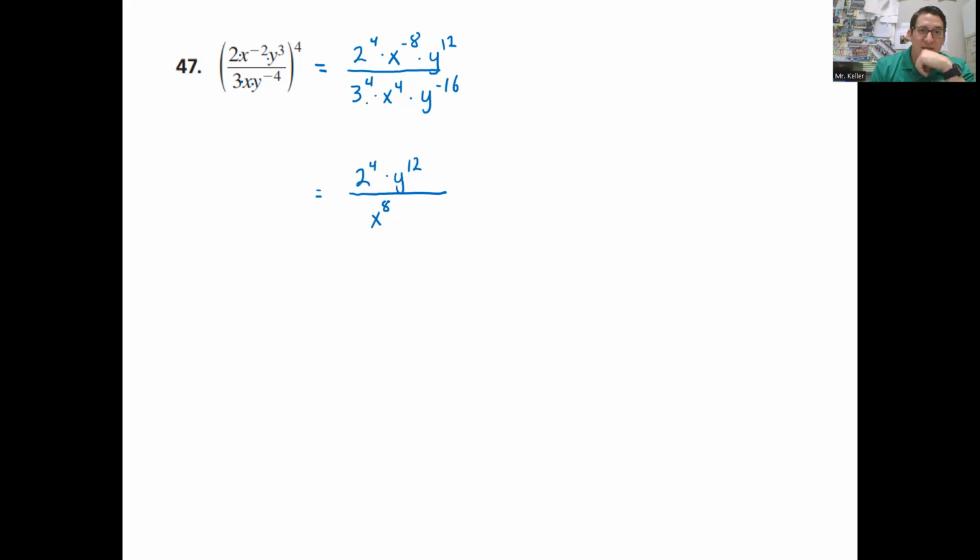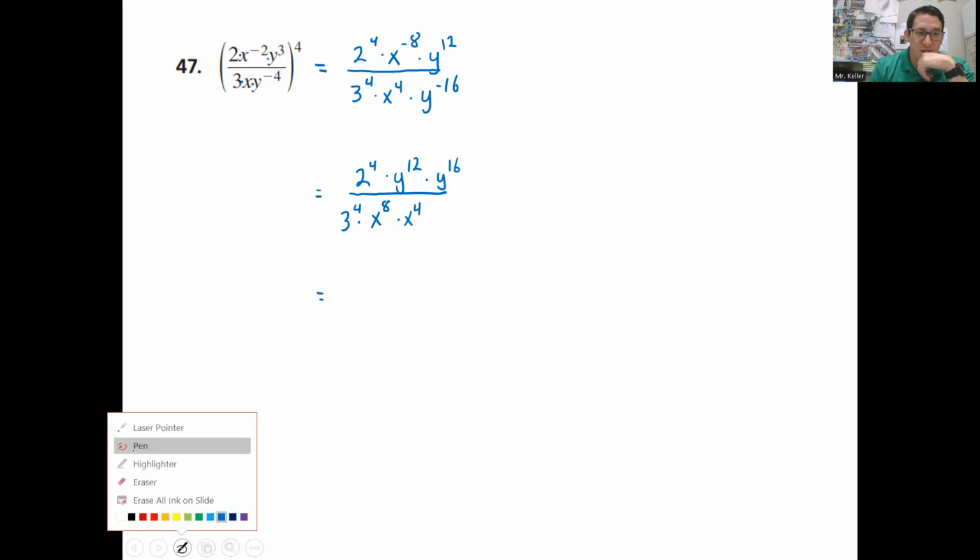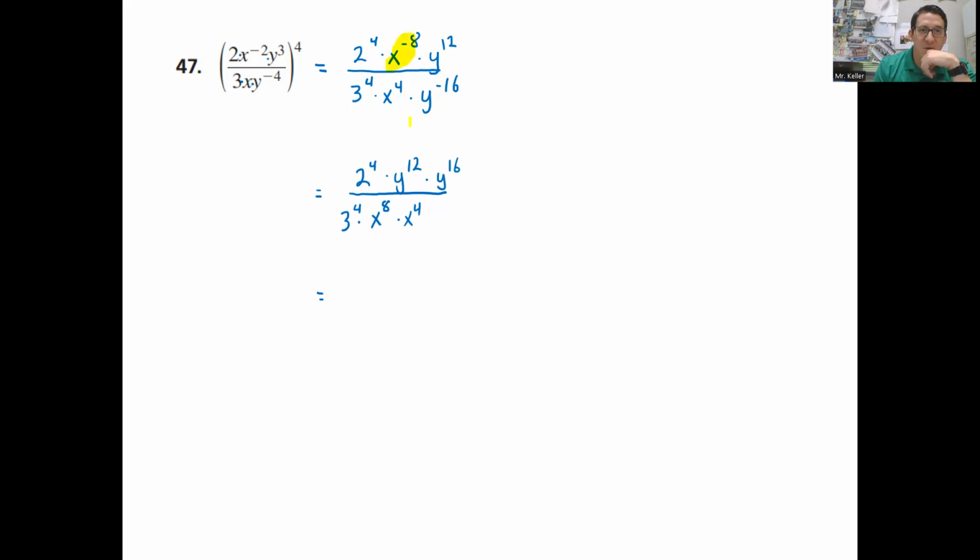The 3 has a positive exponent, so it stays where it's at, nothing changes. X to the 4th, positive exponent, that stays on the bottom. Y to the negative 16th, negative exponent, moves to the top and becomes positive. So again, all that's happening is those with the negative exponents are switching sides and becoming positive. Everything else is staying where it's at.